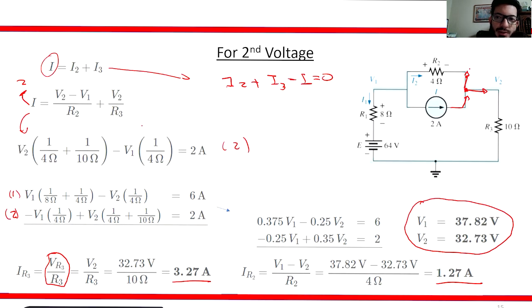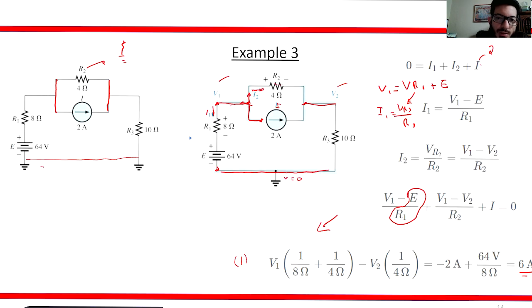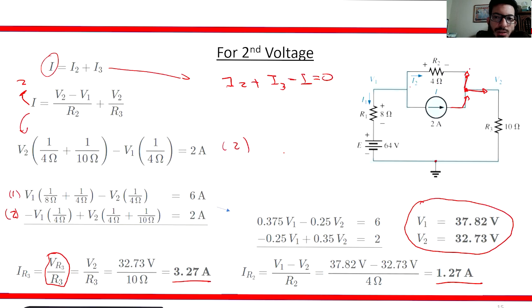If we're counting ground, we're always going to have 1. So 1, 2, 3, 2 equations, that's true. 1, 2, 3. Oh, it's because I was not counting ground. So the rule is always holding, except I didn't count the node at ground. Okay, I apologize. So yes, we have 3 nodes, 2 equations.